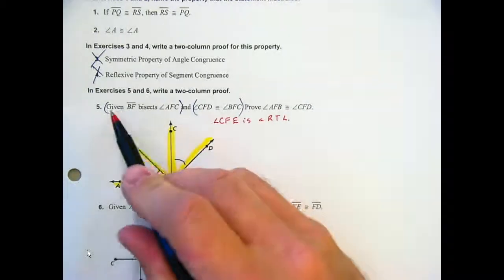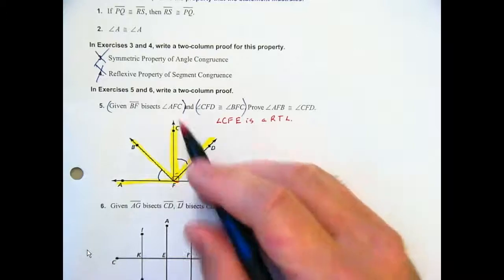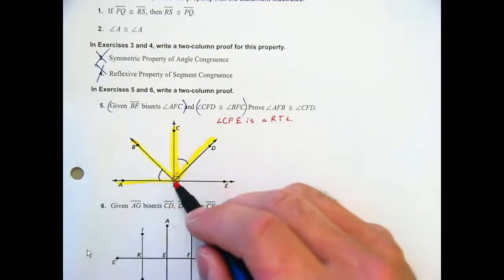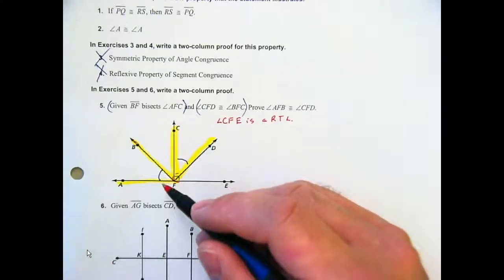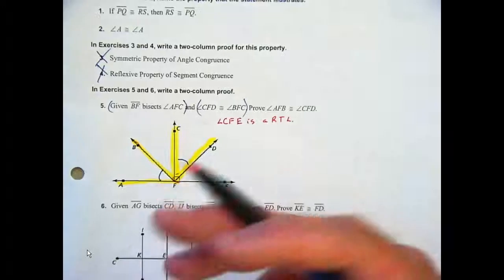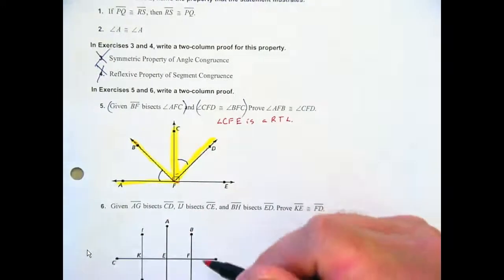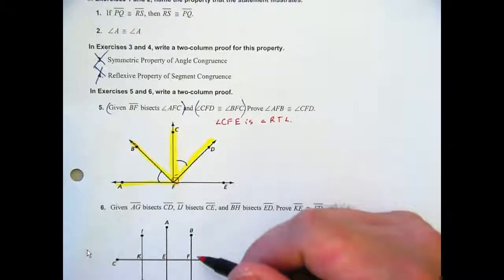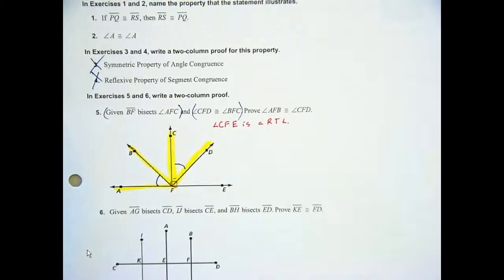Okay, but when it says given BF bisects AFC, when it says this bisects it, does that give us any other information? Does it let us conclude something from that given information? Now, I'm not going to tell you what to conclude. Why don't you talk about it as a group?